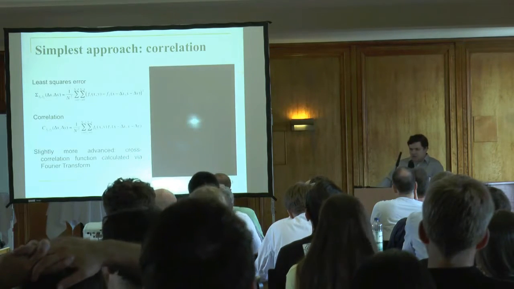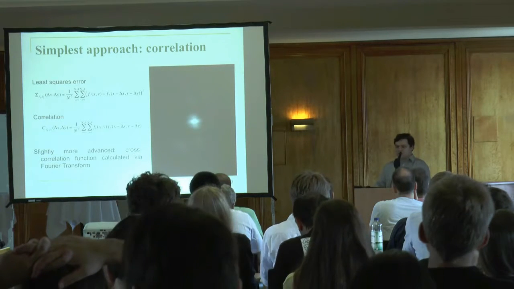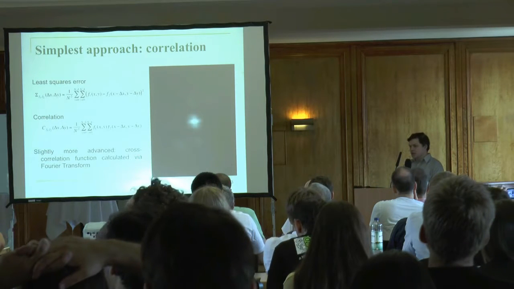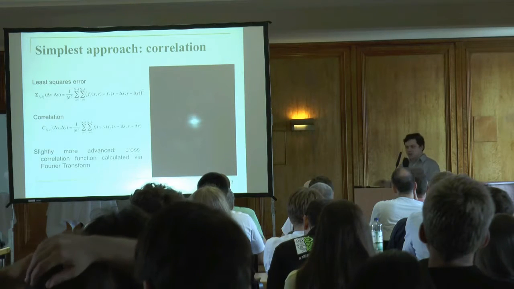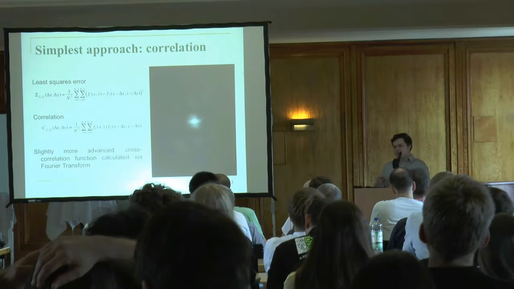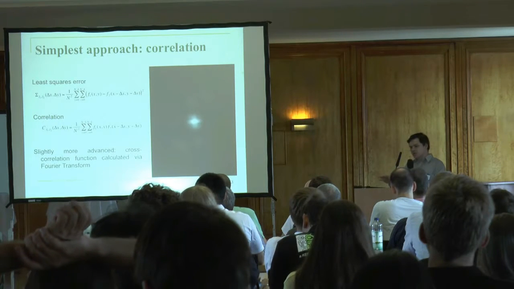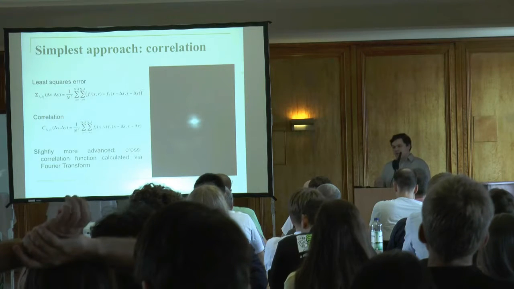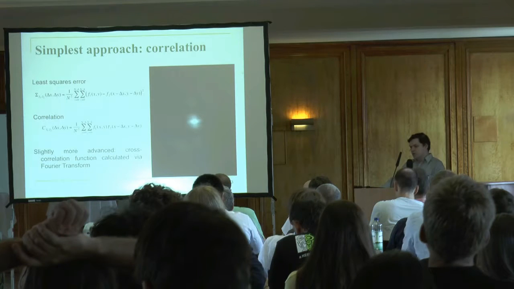I guess that most naive developers will try to invent something like least square error based methods or correlation based methods. So we should put one image on another and shift it and find such positions which yield a minimum of some natural difference measure, such as least square errors.